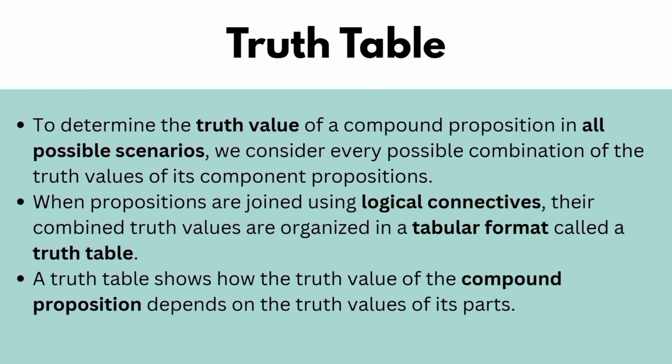Now let's move on to the easiest part of propositional logic, which is the truth table. To make this easier to understand, we use truth tables to evaluate the truth of complex statements. Truth tables list all possible truth values for the simple components so we can see the result for every case.